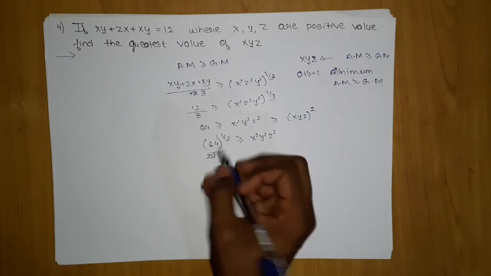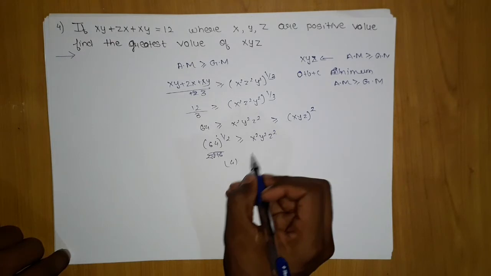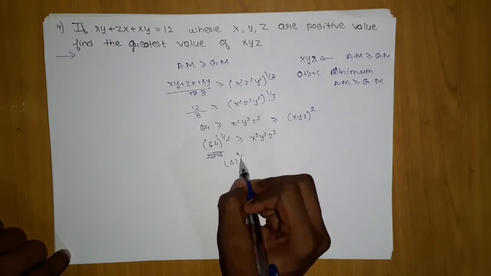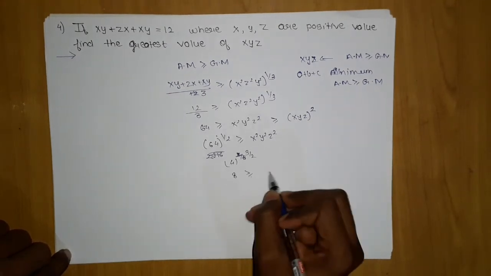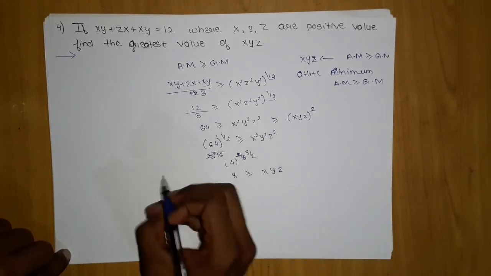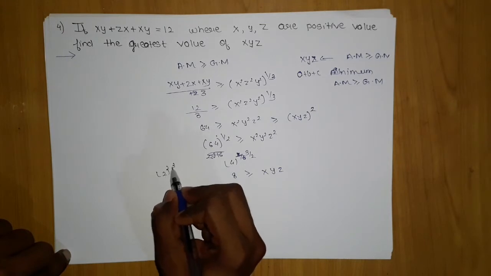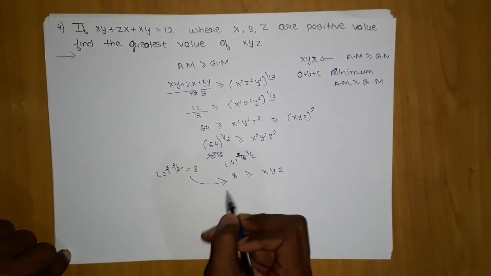We can simplify it more effectively if I have done this. If I have moved here 4 to the power 3 by 2, then this will cancel out and here 8 will be left, xyz. How it happened, let me show you. I can write it as 2 square, so 3 by 2, 2 will cancel out, then 2 cube, which will be nothing but 8. So we can substitute here 8.